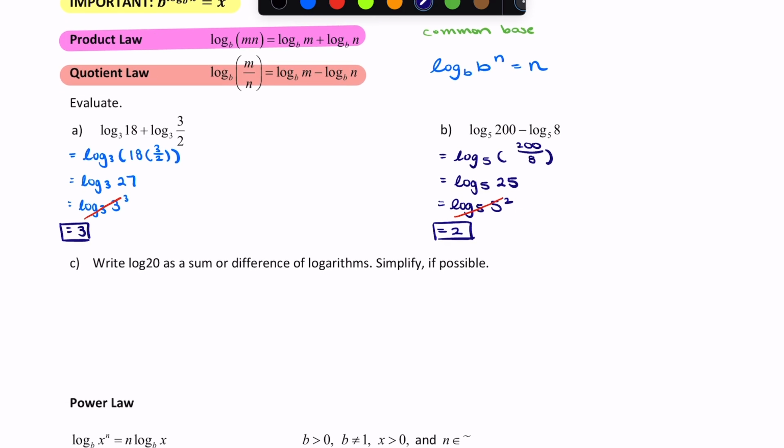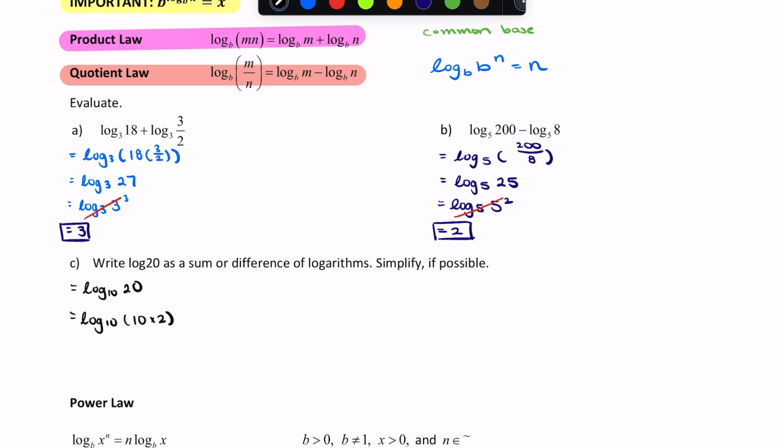So here again, it says to write log 20 as a sum or difference of logarithms, simplify if possible. Again, when there's nothing written as a base, we assume that the log base is 10. So we can rewrite it as log base 10 of 20, and we know that it is equal to log base 10 of 10 times 2.